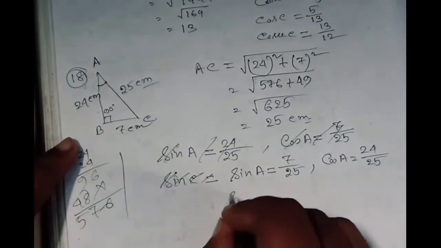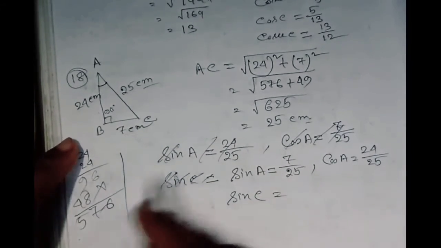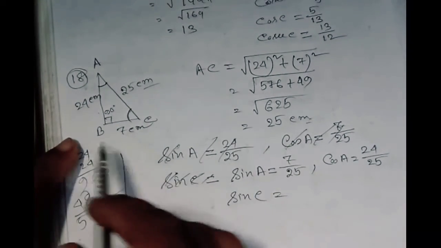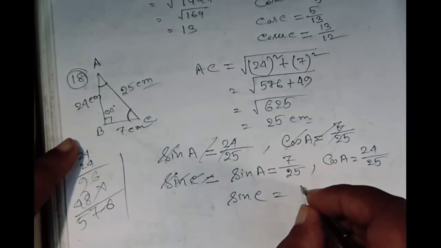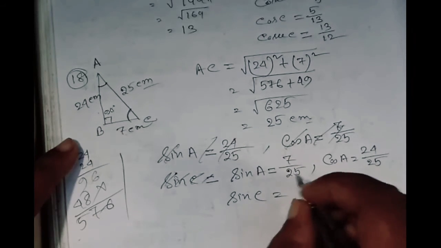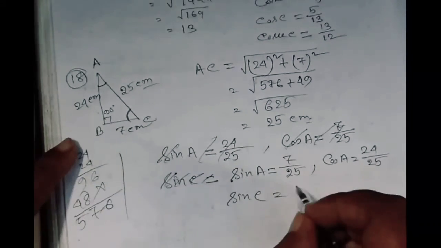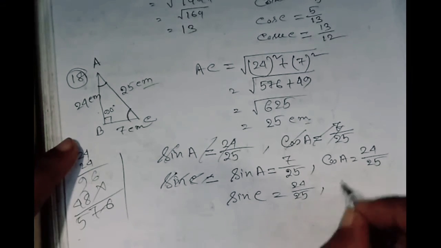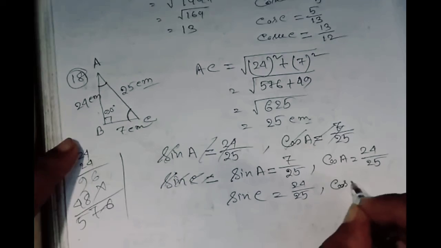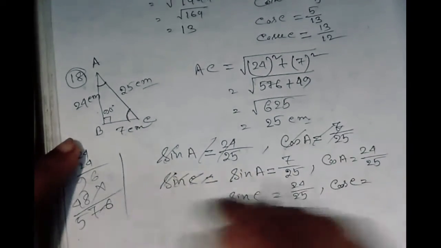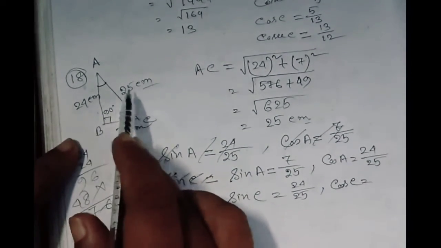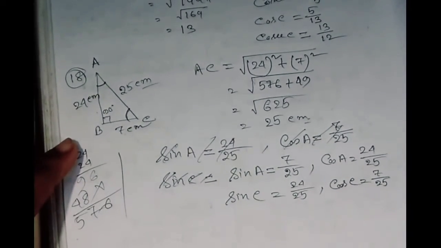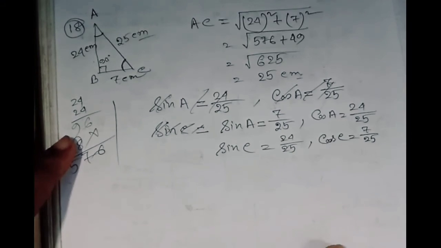Next, sin C. This is sin C. So sin C is equal to height by hypotenuse, that is 24 by 25, and cos C that's equal to obviously base by hypotenuse, that is 7 by 25. Okay, hope you are able to understand.